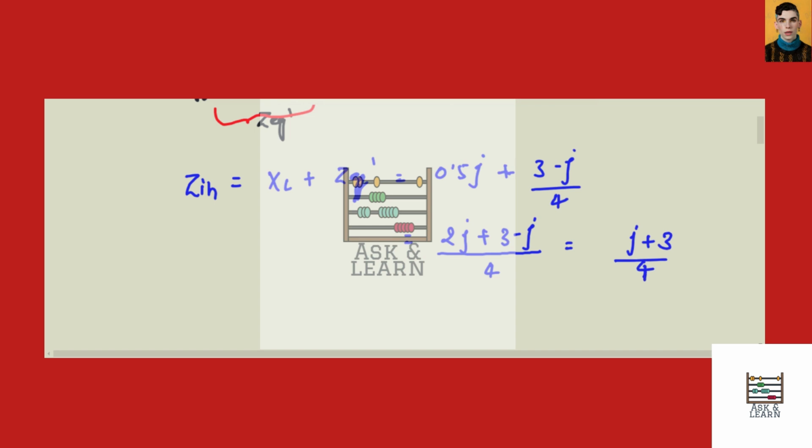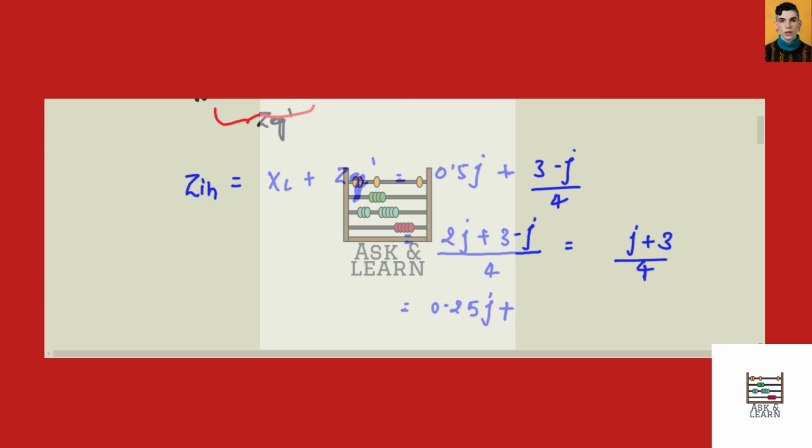And you can also simplify it more. If you just divide by 4, you will get 0.25j plus 0.75, right?